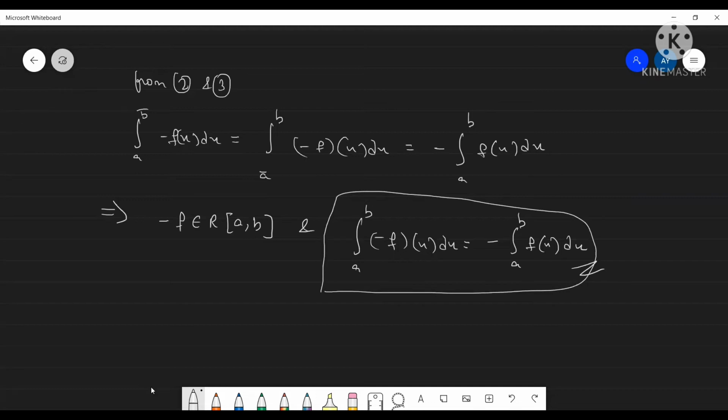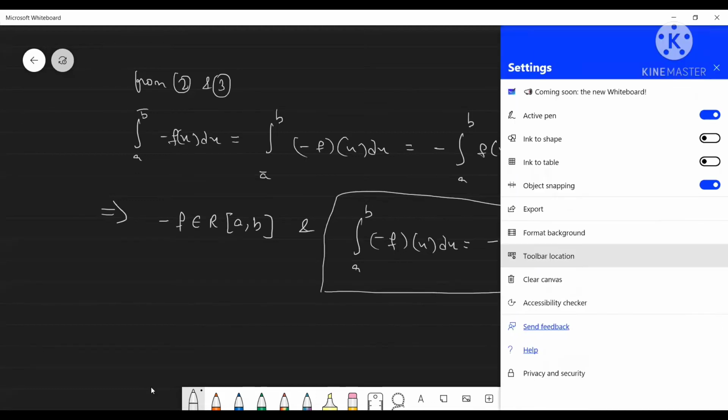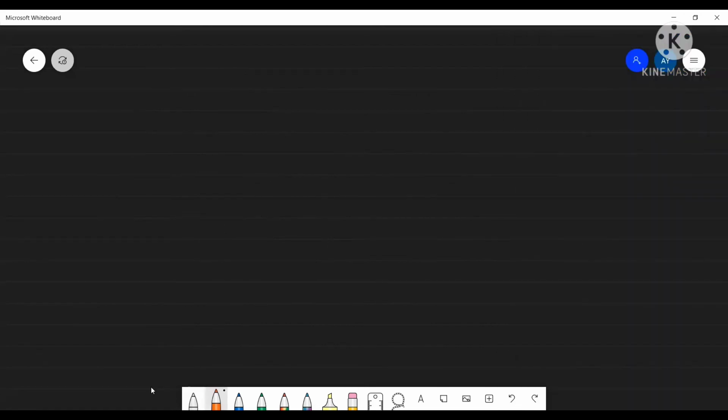Now we'll look into the next theorem, which is Theorem 7. In total you have some 18 theorems or so. The statement says: if f belongs to R over [a, b] and k belongs to R, where R is the Riemann integral, then k times f, if a constant is multiplied into the function, will that belong to R over [a, b]?